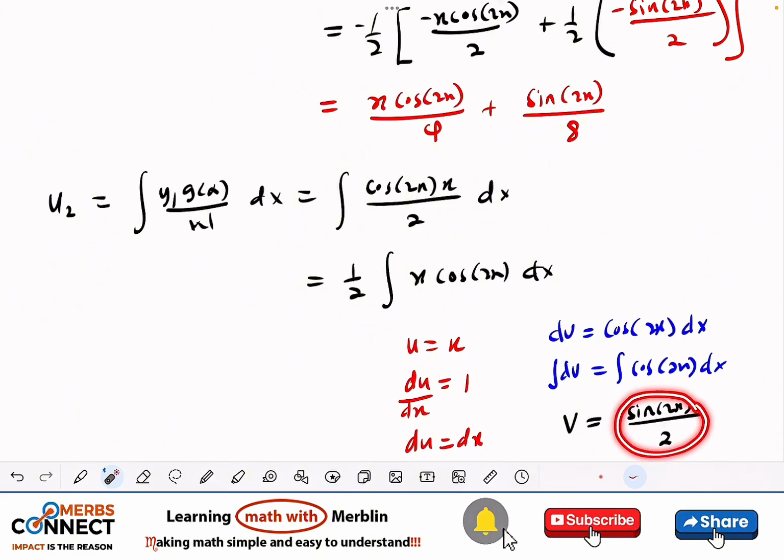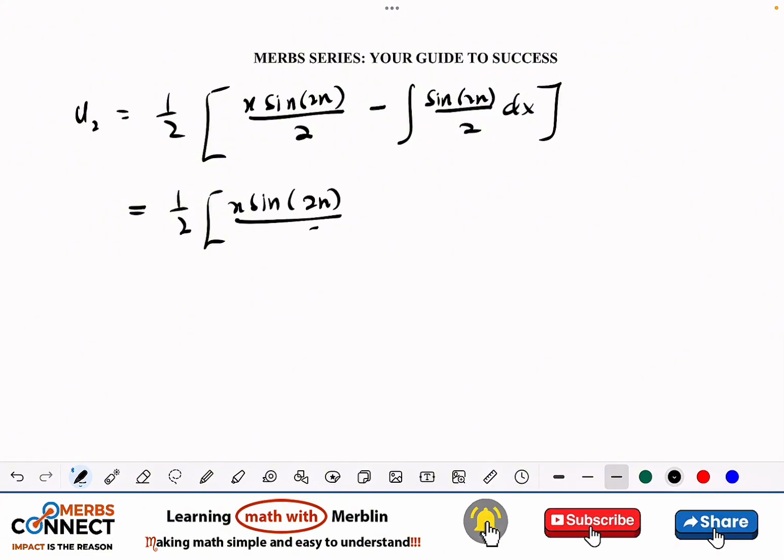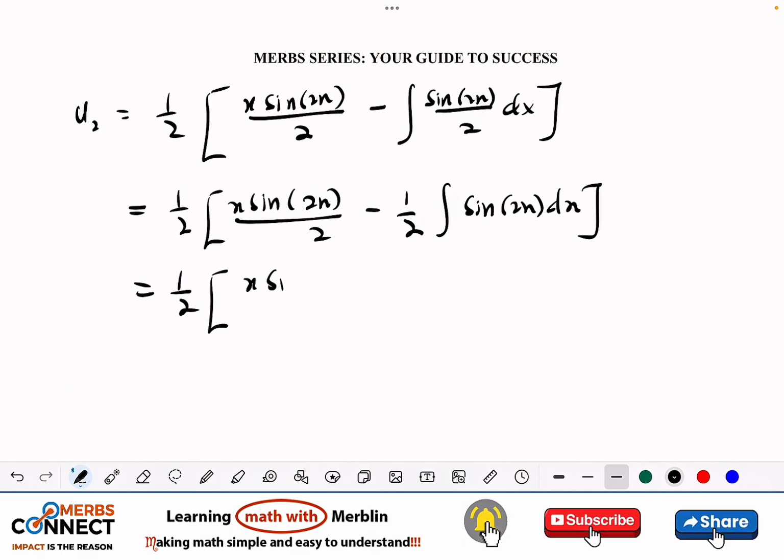So v times du, we are going to have sine 2x divided by 2 dx. So now let's do the simplification, and then we do the integration. So 2x divided by 2, I'll factor the 1 over 2 out, and it will be left with this dx. Now let's do the integration, then we are done with this question.